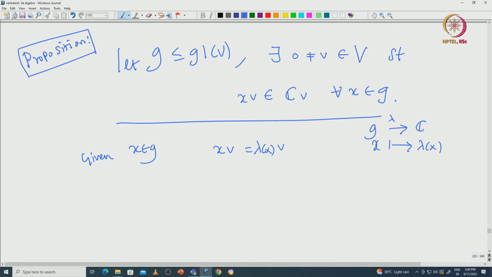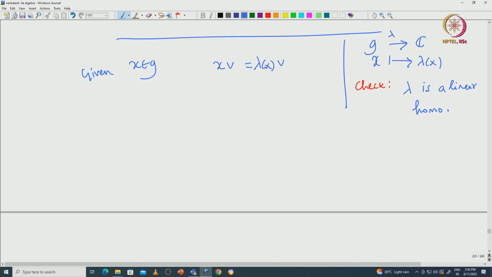One can check, and I will leave it to you, that this is a linear map, which is easy because G is a linear space. So, check that lambda is a linear homomorphism. In particular, lambda is a weight for G. Let us see why this is true.